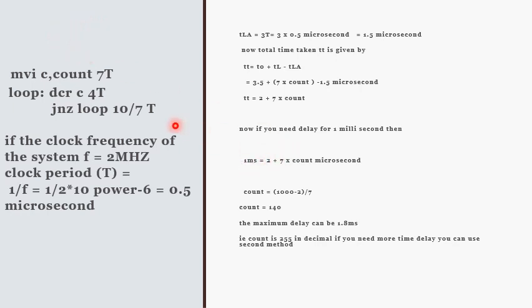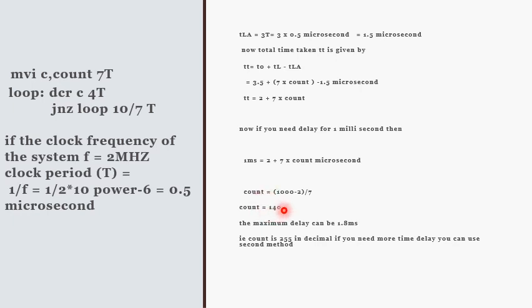Suppose this program has to make a 1 millisecond delay, then the total time TT is given as 1 millisecond. 1 millisecond is equal to 2 plus 7 into count, in microseconds. We are in need of the count value for this. So count is equal to 1 millisecond minus 2 divided by 7, that is equal to 140, right?